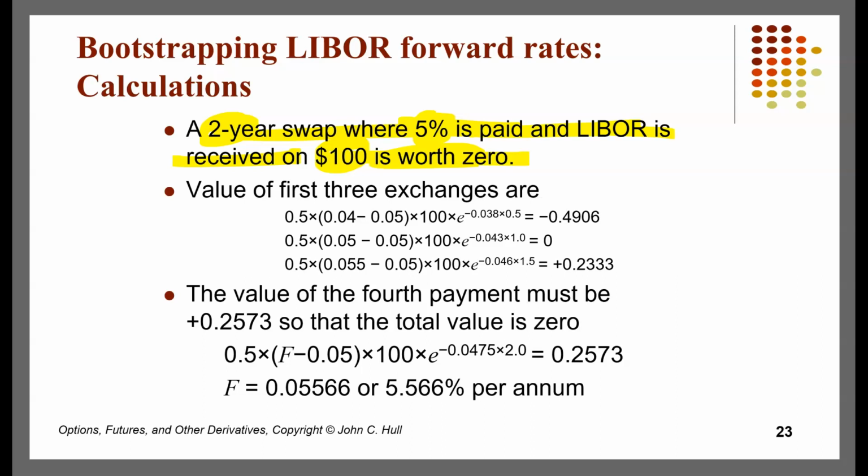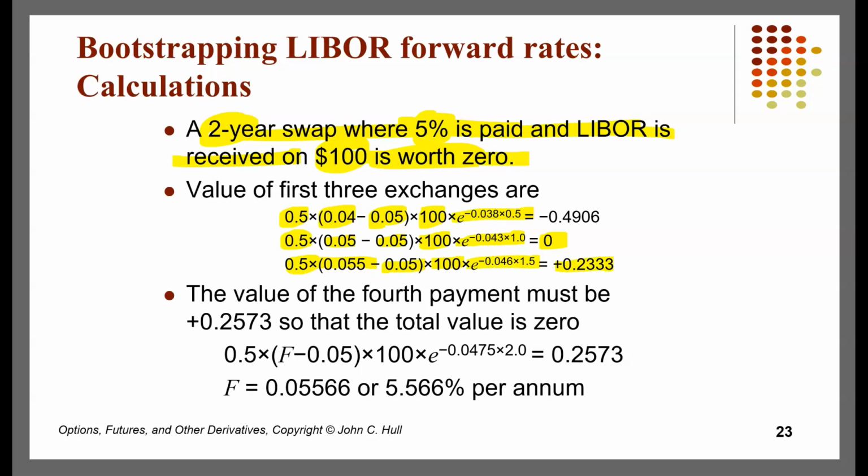And in our example here, we essentially did pretty much the same thing, where we received the 4% and pay 5%, divide by 2 because semi-annual, notional amount, and then present value. Same thing applies here. Half 5%, 5%, notional amount, present value 0. Half 5.5%, 5%, notional amount, present value, and that's what we get.